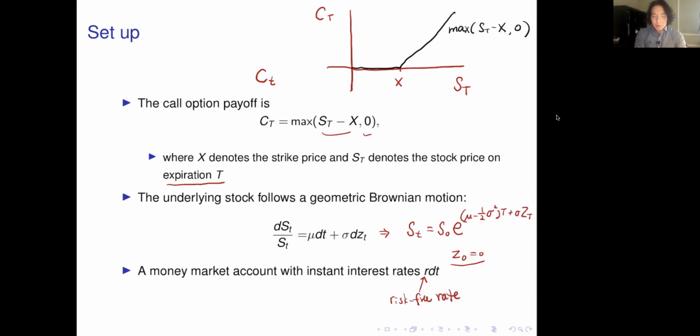And because the expectation of the stochastic discount factor at time t should have the drift rate of negative R dt, the risk-free rate is going to restrict the drift rate of the stochastic discount factor.